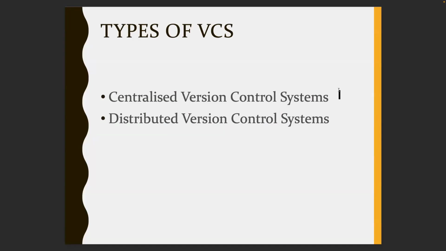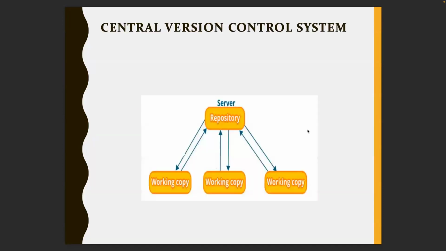They differ with respect to their architecture. See here, as the name says, centralized version control system means they'll have a central server or a remote repository where all the project work would be kept.